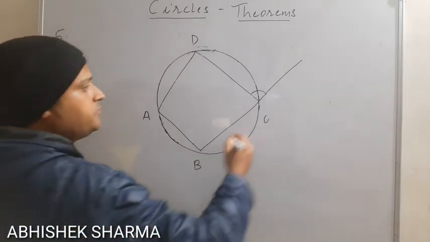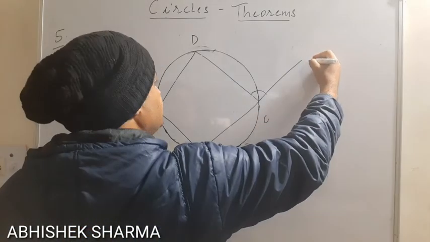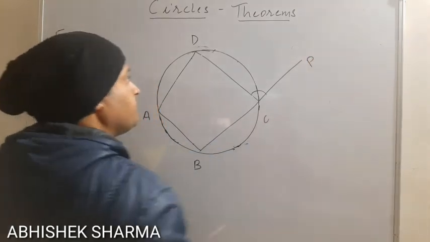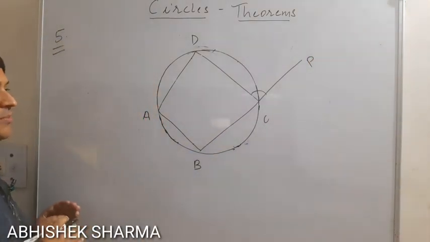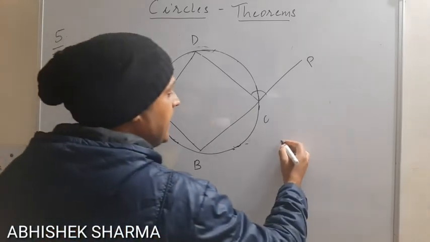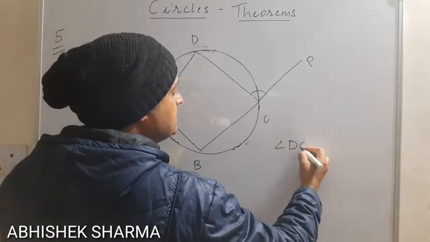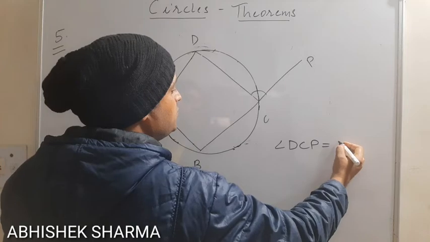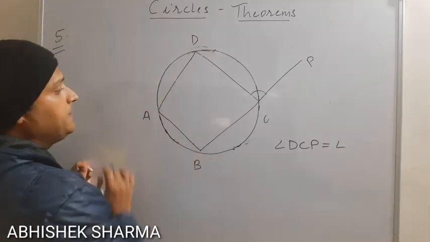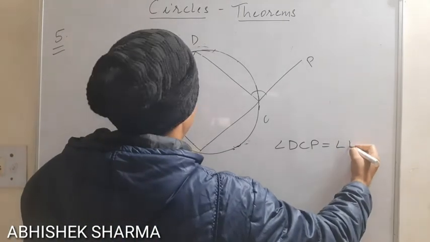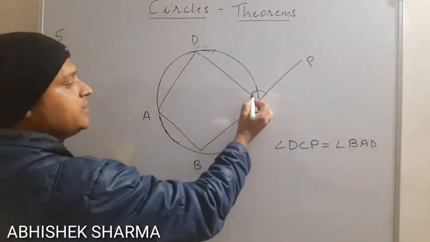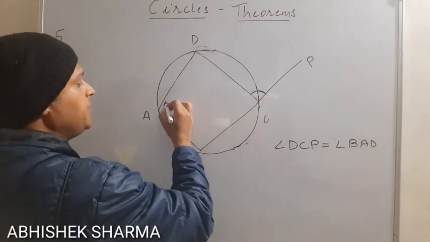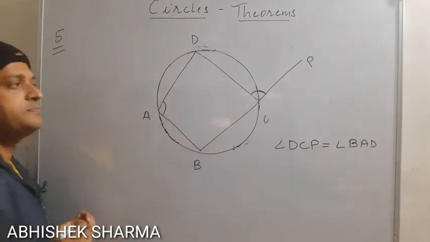Okay, so let us say this point is our P. So what we can say here according to this theorem, that angle DCP is equals to angle BAD. Am I clear? This angle will be equal to that angle.